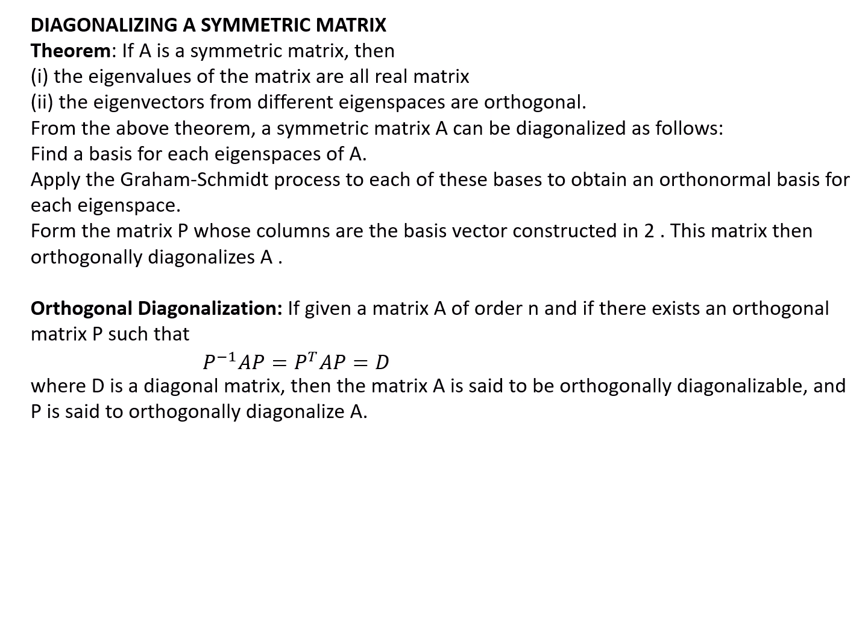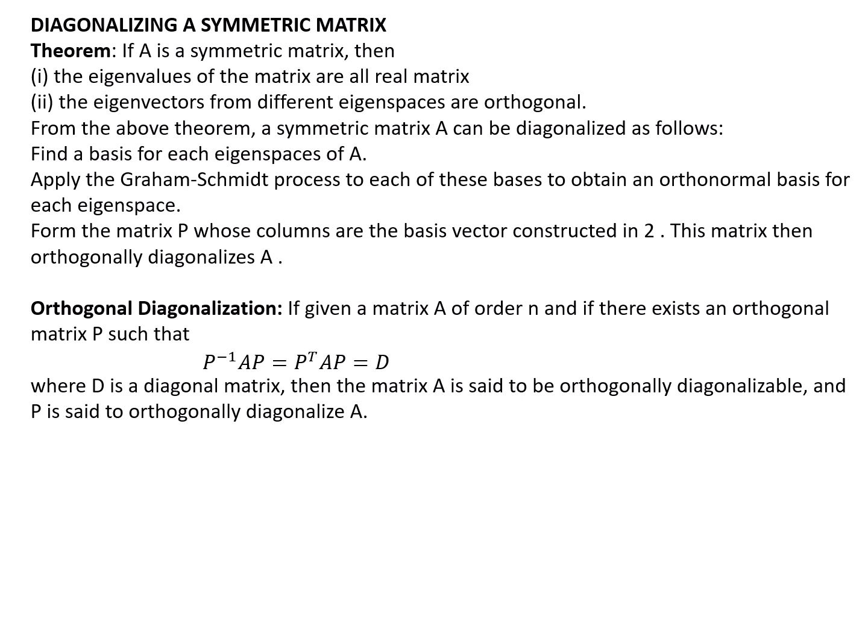From the above theorem, a symmetric matrix A can be diagonalized as follows. 1. You find the basis for each eigenspace of A. Apply the Gram-Schmidt process to this basis to obtain an orthogonal basis for each eigenspace.